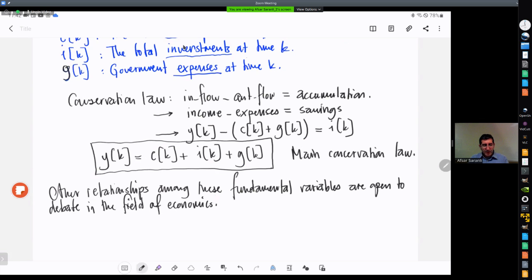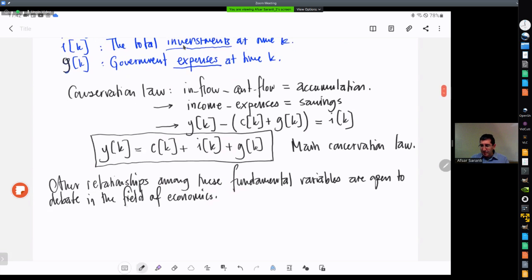One such model is by P. Samuelson. He suggested the multiplier accelerator model, and we will see what that means in a minute.